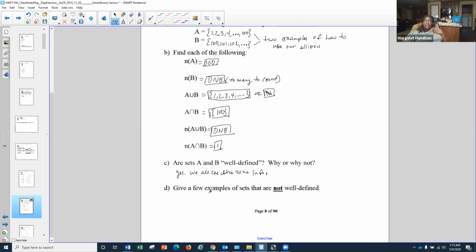With D, it says give a few examples of sets that are not well defined. So a not well defined set, think about it. If you looked at a set and I looked at a set, what would we have to write to where you would see something different and I would see something different? Here's an example.